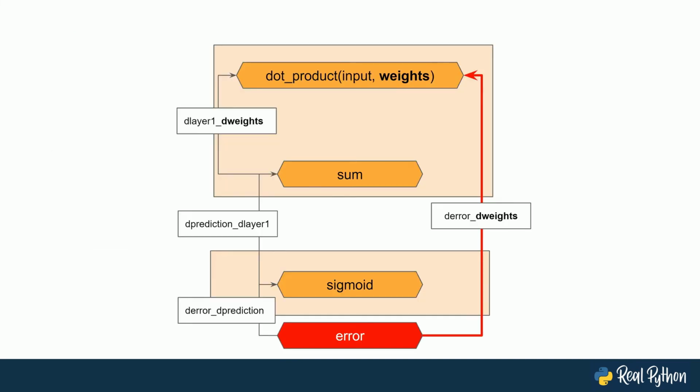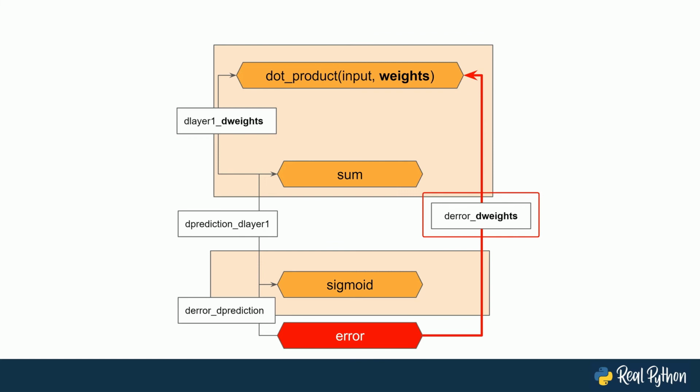This isn't as complex as it might sound for the simple functions in this course. It's easier to see in a diagram. To take the derivative of the error function, you'll need partial derivatives. Take the partial derivative of the error with respect to the prediction, then take the partial derivative of the prediction with respect to the first layer, and finally the partial derivative of the first layer with respect to the weights.